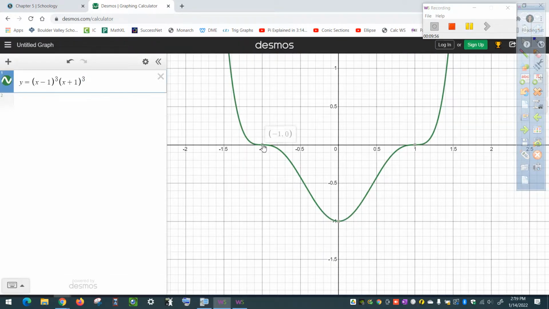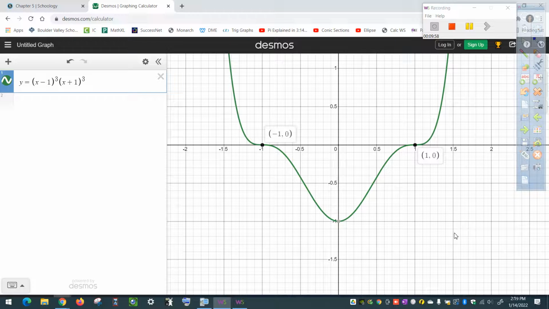Okay, so we've got a different looking graph, but we do still have the same x-intercepts. And so sure enough, let's look at this first one here at the -1. Notice how the line comes down a little before the x-intercept. Notice how it gets a little bit flat on top of it, and then it continues on downward. So yes, that is a wiggle.